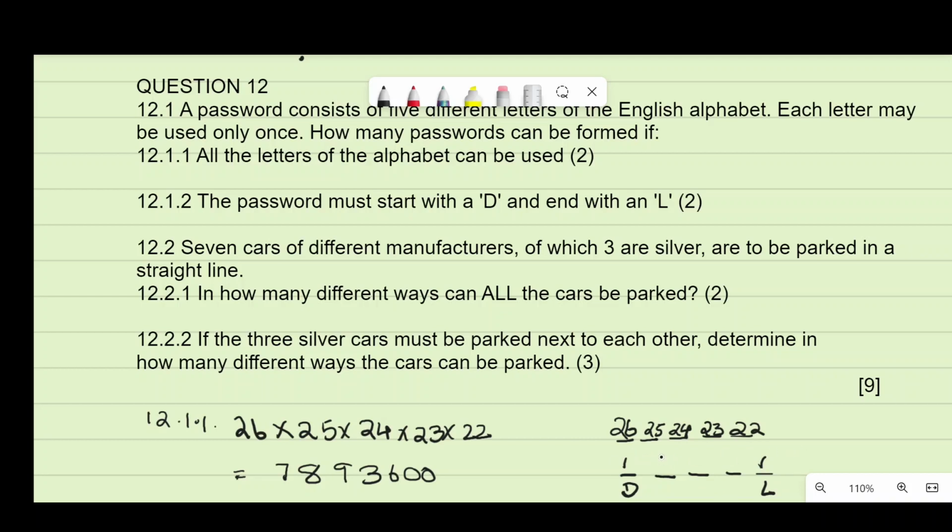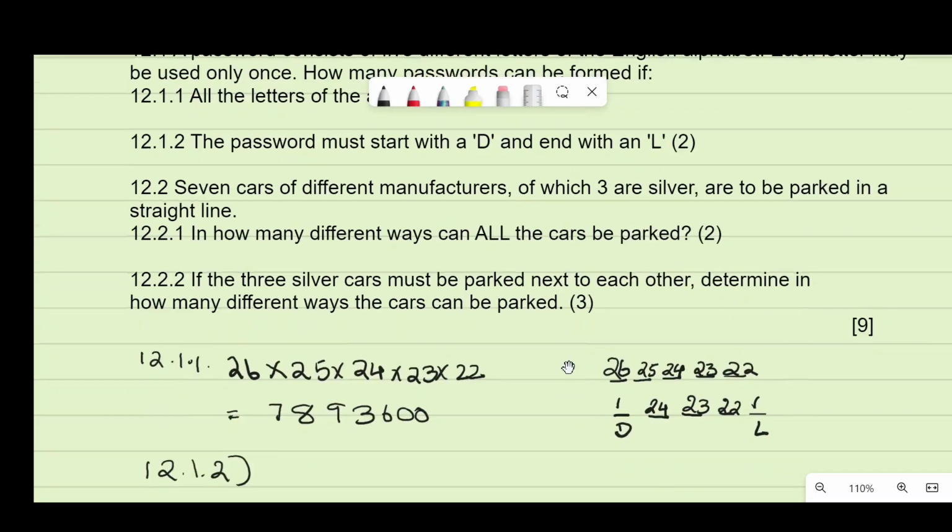So how many letters are still remaining? 26 minus 2, 24 are still remaining for the second position. That means 23 for the third position, 22 for the fourth position, now 1 for the last position. So this is the situation in 12.1.2.